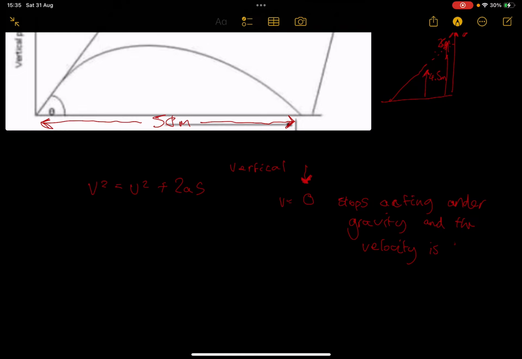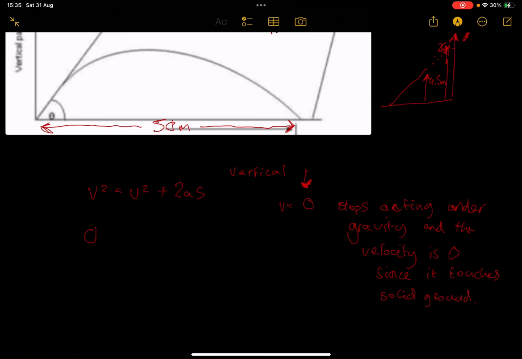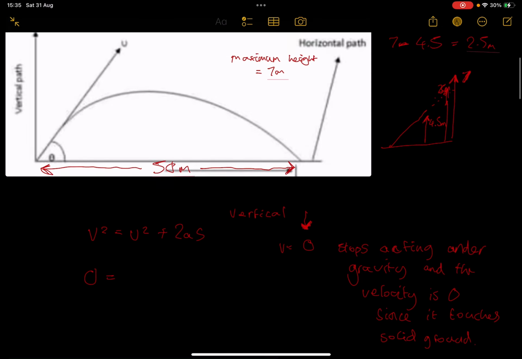Final velocity is 0 since it touches. So 0 equals u squared plus 2 times minus g times 2.5.